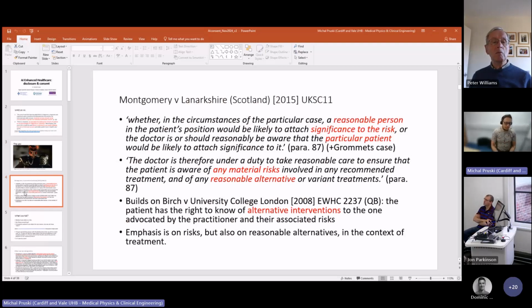But it was very significant, though in a sense it only affirmed what the GMC already recommended doctors to do. And actually Montgomery in the end, because of this, became a lawyer herself, and the case revolved around consent in pregnancy.